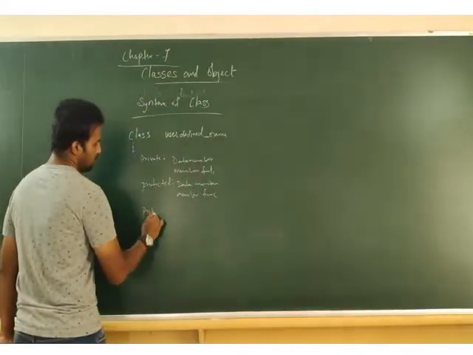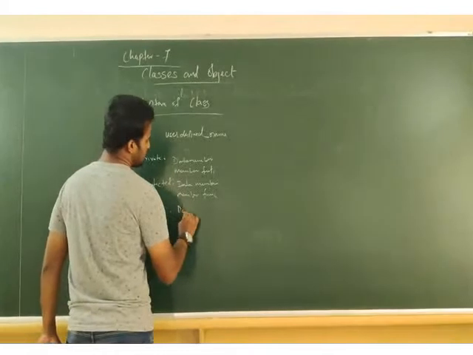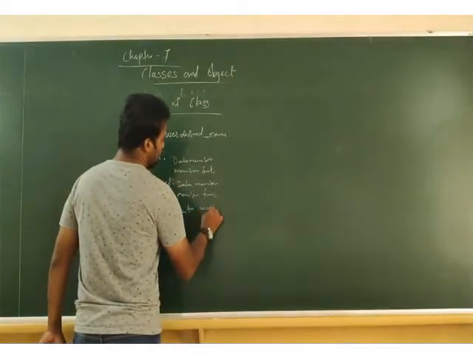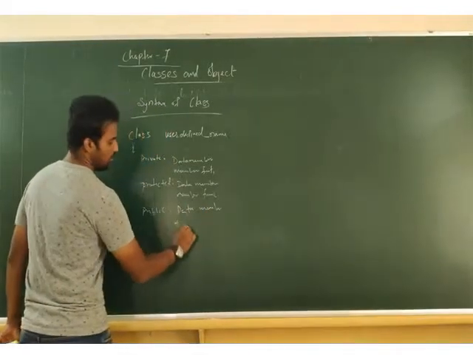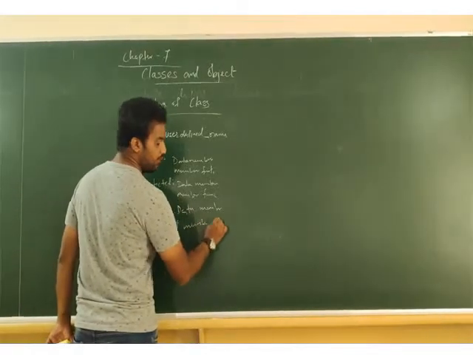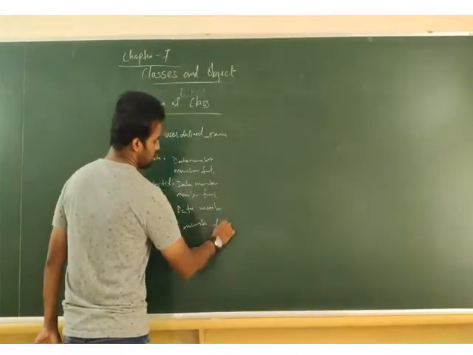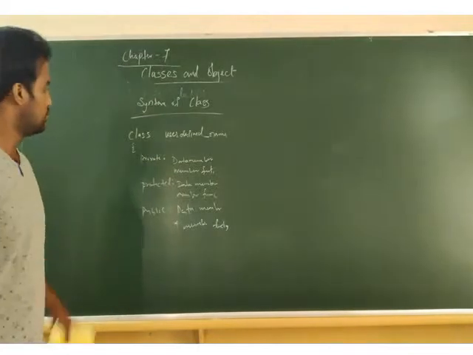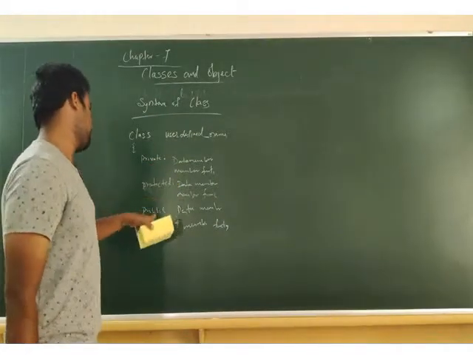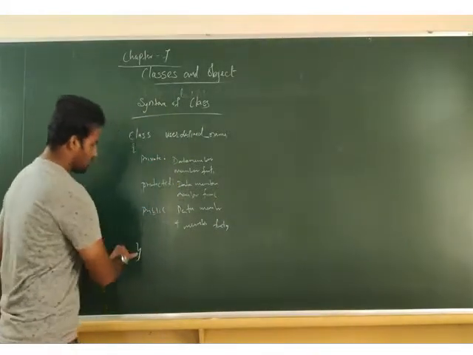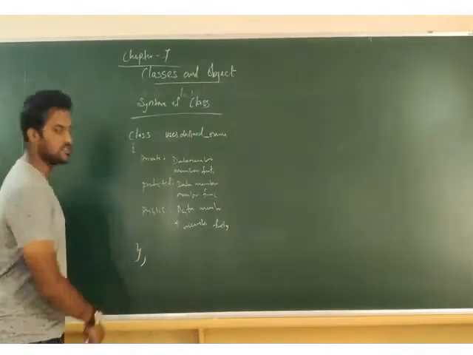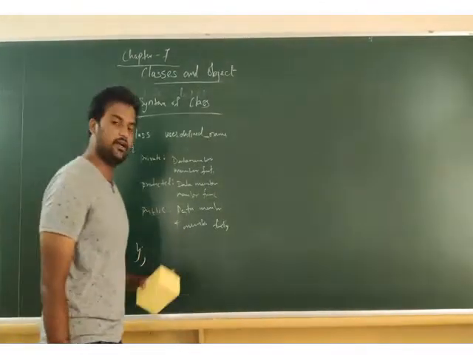In public, two things: data members and member functions. Private, protected, public. Then we close the bracket and end it with a semicolon. Always remember, end it with a semicolon.